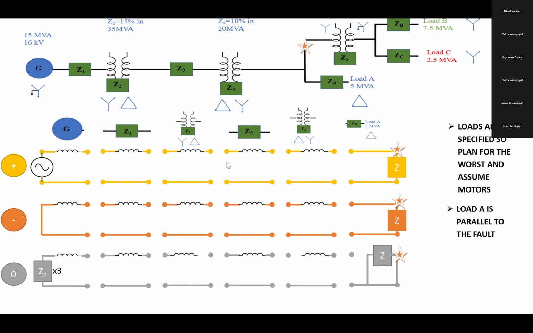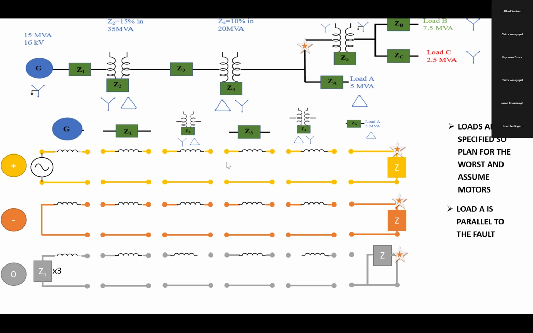So this load is a delta connected load. So this load is just the Z value. We are representing it by the Z value in positive and negative. In zero sequence, you have to look at whether it is delta or star. So this is a delta. So take the impedance and connect it to ground. I mean, there is no connection to this side. There is no ground here. The impedance must be grounded without connecting it to the other side.